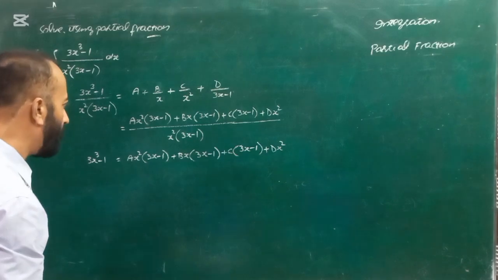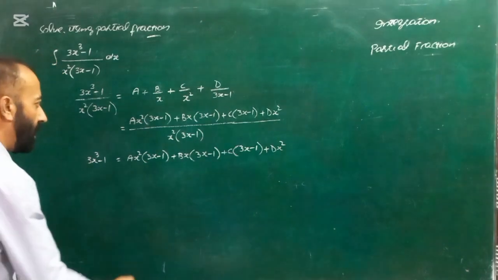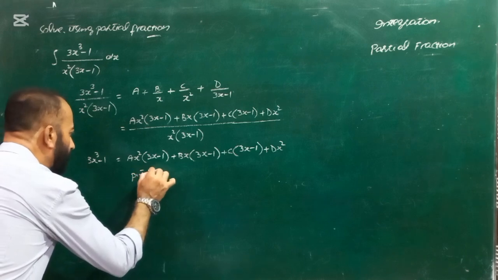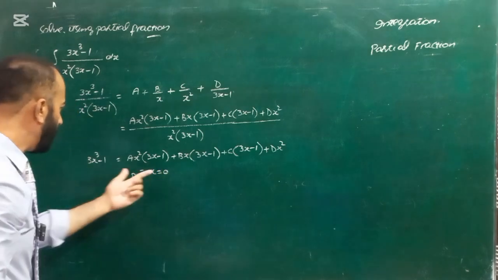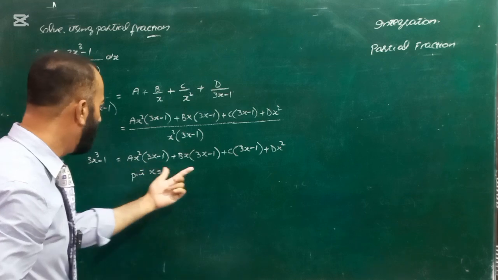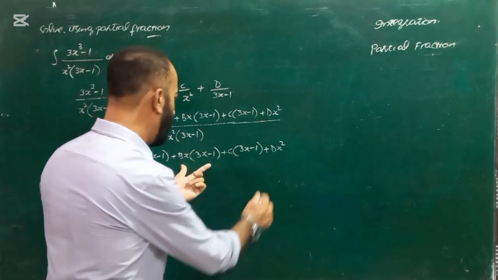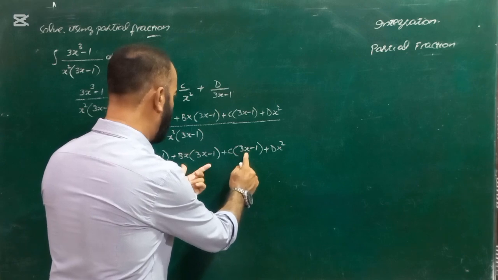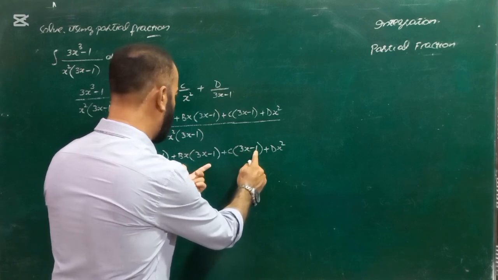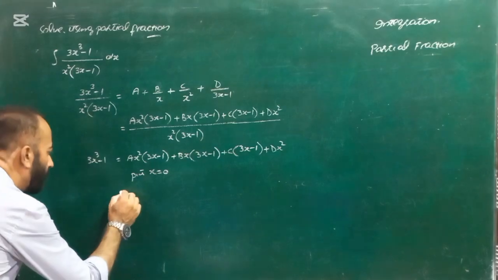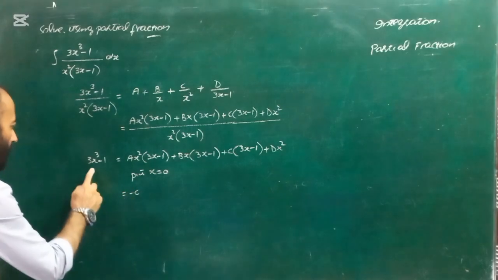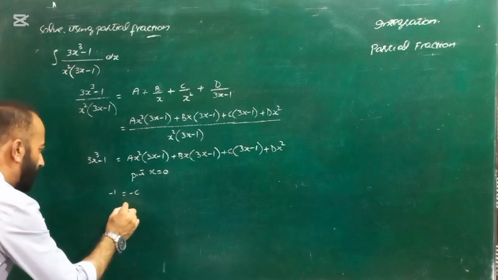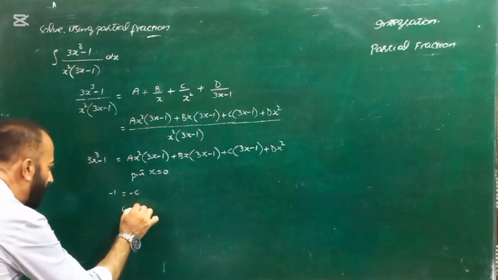So at this step, if we put x equal to 0, this factor will become 0, this factor will become 0, and this factor will become 0. And this factor will be 3 into 0, 0 minus 1. So minus c will be equal to, here will also be 0, so minus 1. So c is equal to 1.